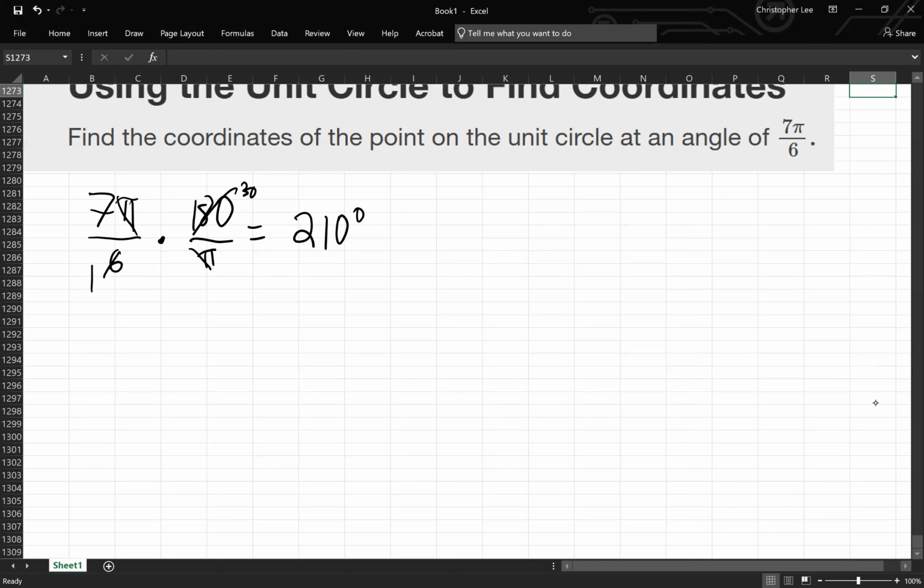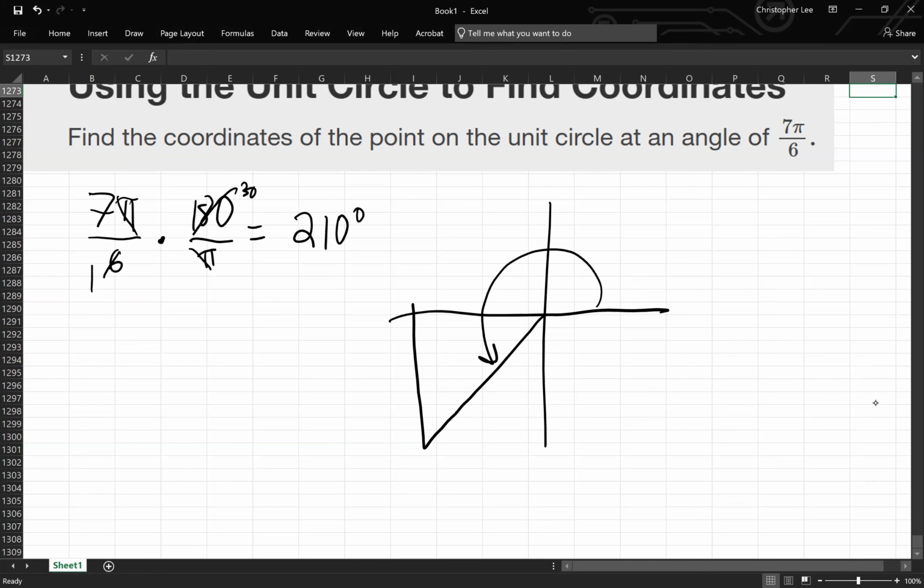But then now we have 210 degrees. Now 210 is more than 180, less than 270, right? So third quadrant, right? Here's the thing. All of this is 210. I want to know the reference angle on the inside. So I'm going to do 210 minus 180.